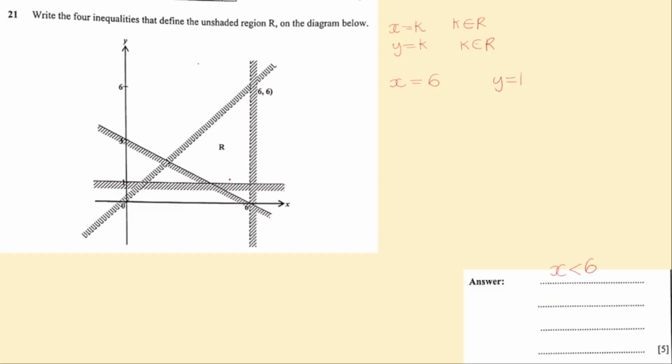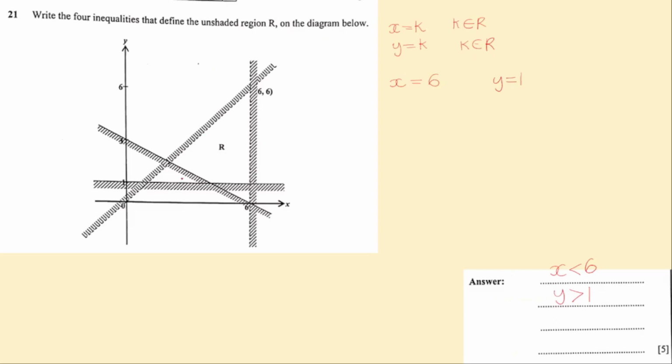The unshaded region is above this horizontal line, and all the points that you're going to pick will satisfy this inequation, which is y is greater than 1. So all the y coordinates of the points that you pick above this line will be greater than 1.